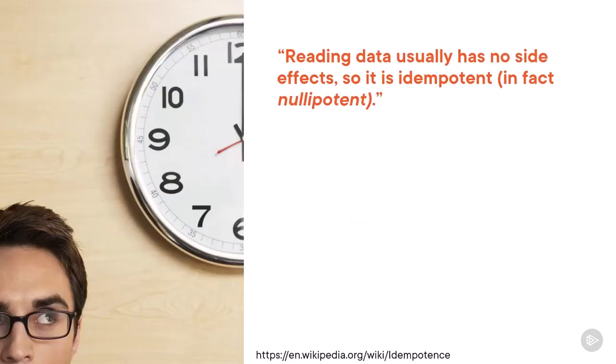Reading data typically has no side effects at all, so queries should typically be idempotent. In fact, queries are a special case of idempotent called nullipotent, because they should have the same impact on the system, that is, no impact at all, whether they are made 0 times, 1 time, or many times.